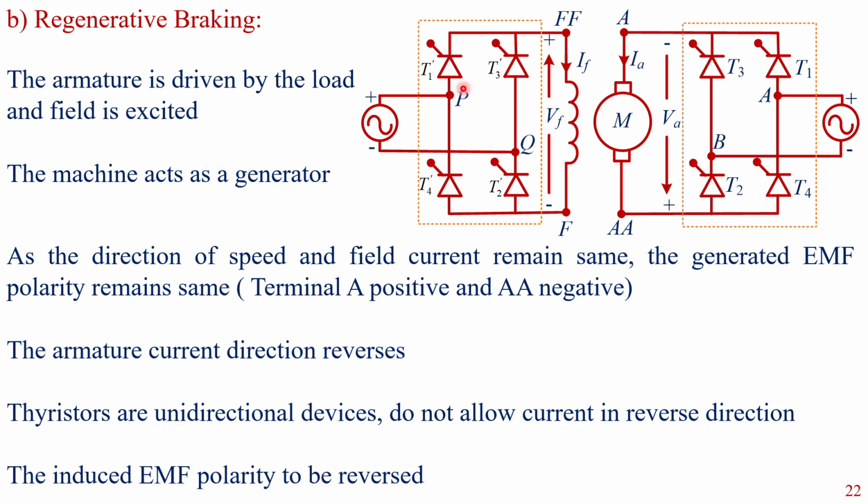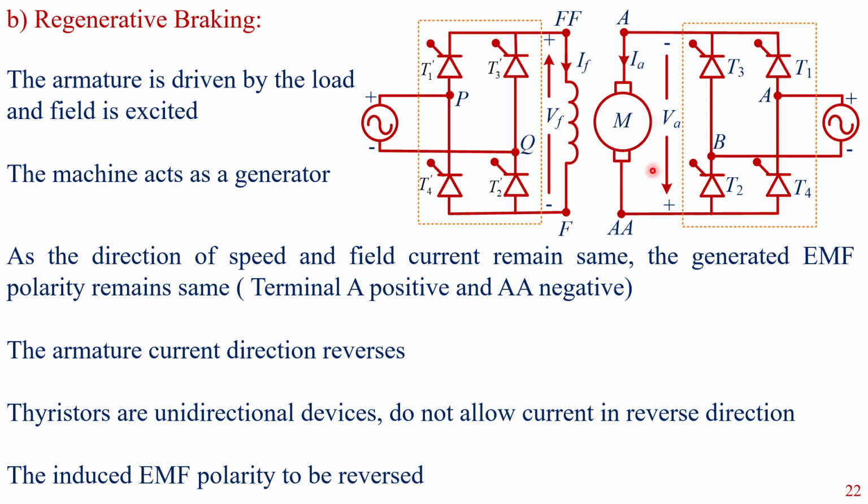In the regenerative braking mode, the armature runs due to kinetic energy in the load, and the field converter is still excited. So, as the armature is running and there is flux in the field, the machine acts as a generator, and the direction of field current is the same, and the armature is running in the same direction.